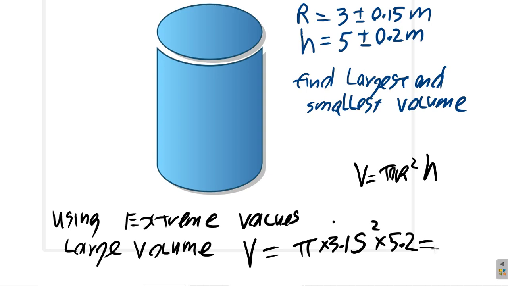Let me calculate that off the air. I have pi times 3.15 squared times the height, which is 5.2, equals 162.1 meter cube.